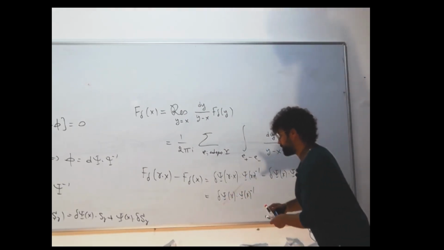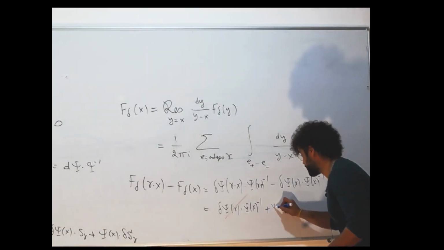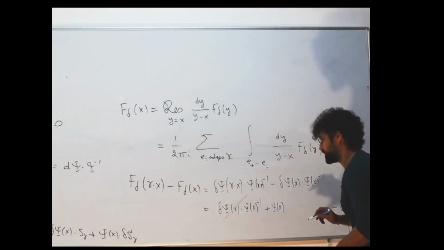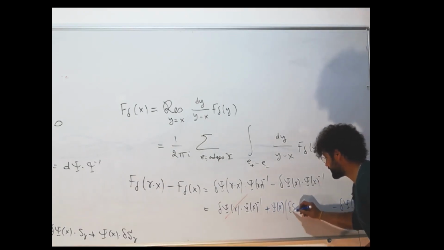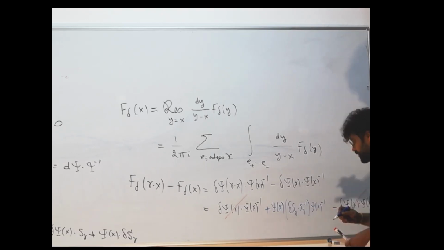Plus psi of x times delta s gamma minus 1 psi of x inverse.